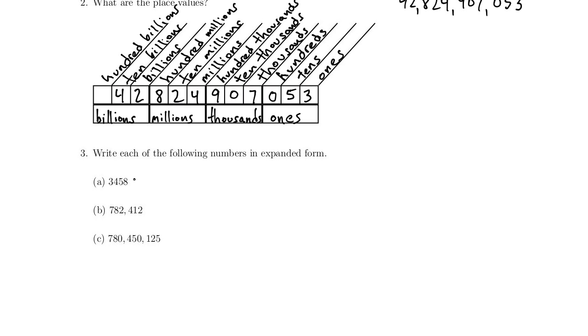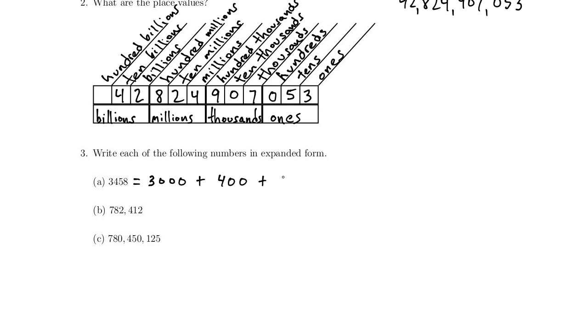3,458 equals 3,000. I'm going to write out 3,000 plus the 4, that's in the hundreds place. So the 4 represents 400, plus 5 is in the tens place, so that's 5 tens.